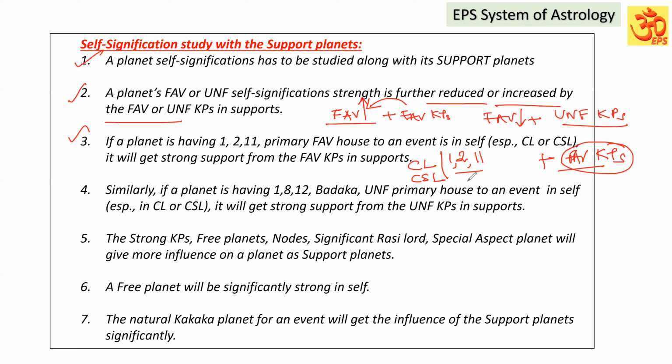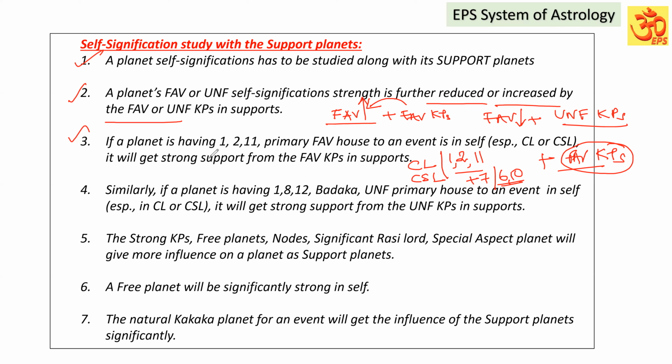Apart from that, take for example a primary favorable house for an event. For the event of marriage, the 7th house is the primary house. For the event of professional prospects, 6 and 10 are the favorable primary houses. Suppose a planet in CL or CSL has the primary house according to the event; that also will get the impact of the favorable key planets in its supports.